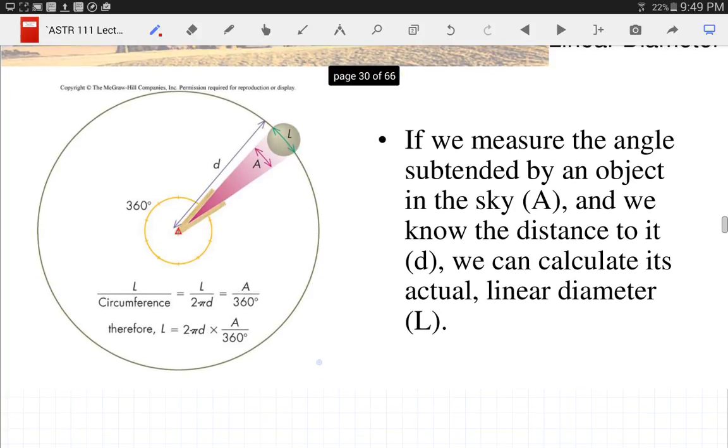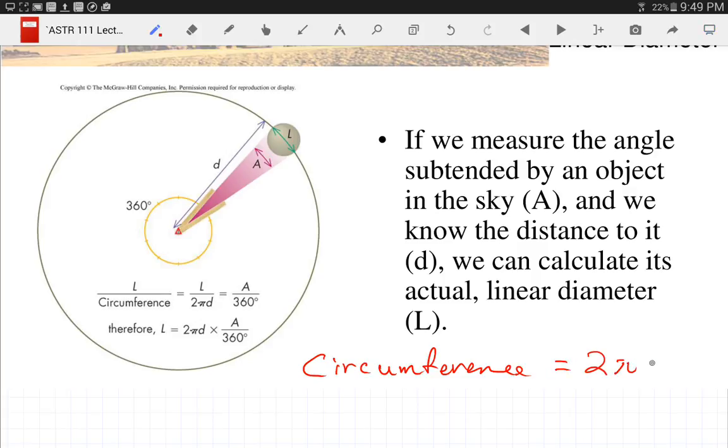And we know that the circumference of a circle is equal to 2 pi times the radius. This is actually the definition of pi. Pi is defined as the ratio of the circumference of a circle to the diameter of the same circle.